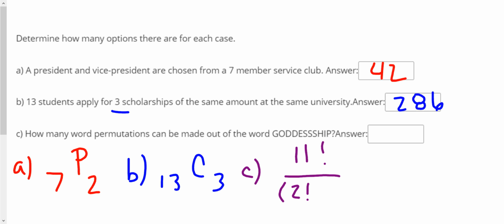And then you'll also notice that the S happens 3 times, so I'll write 3 factorial in the bottom there. When you plug that into your calculator, you get a pretty large number, 3,326,400. On your test, you didn't put commas, but I'll go ahead and throw those commas on there.